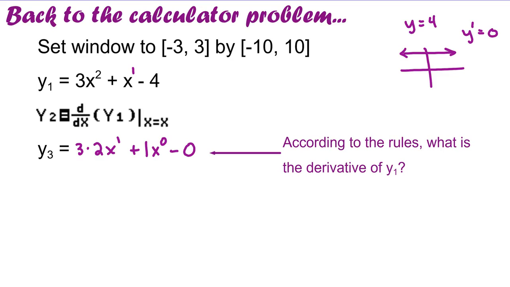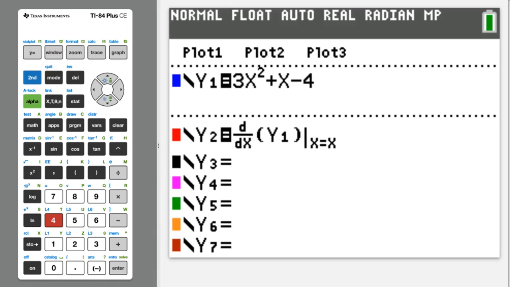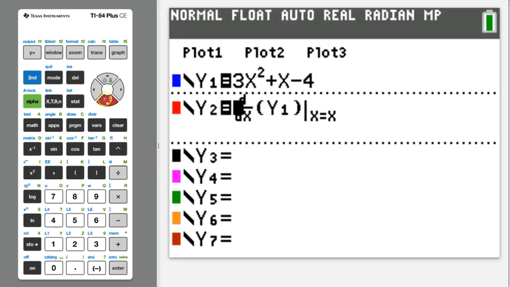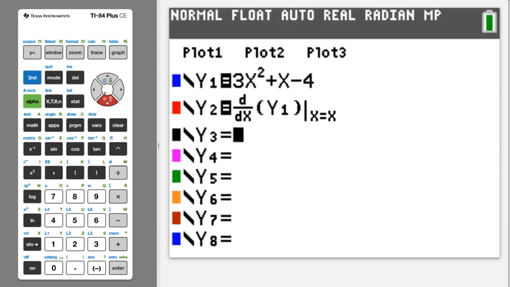Okay, now what I wanted to do after simplifying this here, this is 6x plus 1. I want to graph that, and I want to see if it looks like the graph that the calculator gave us. So back to the calculator, there's the function, and y2 is the derivative, but let's go ahead and type in that derivative, 6x plus 1.